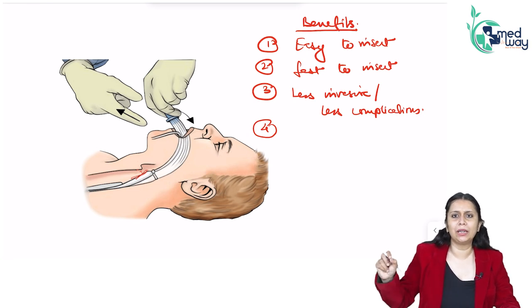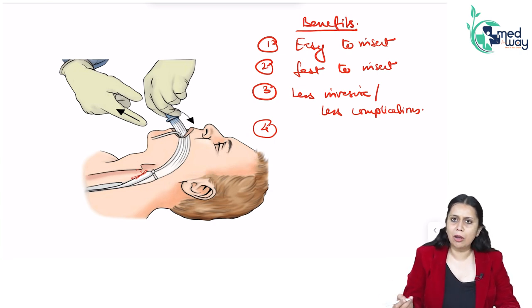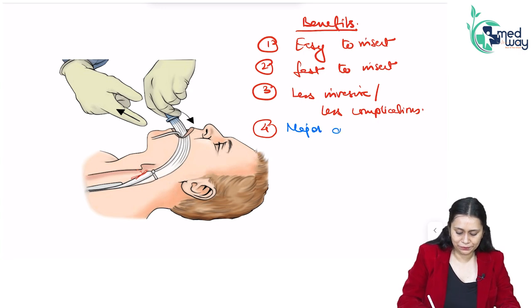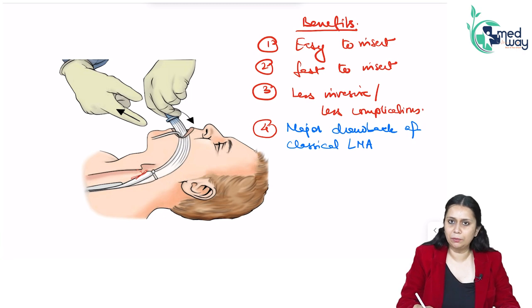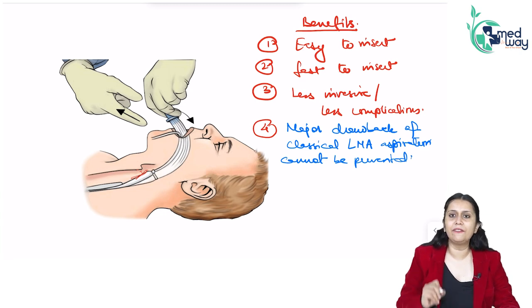The major drawback of classical LMA is that aspiration cannot be prevented. So if aspiration cannot be prevented, we cannot use it as a definitive airway.